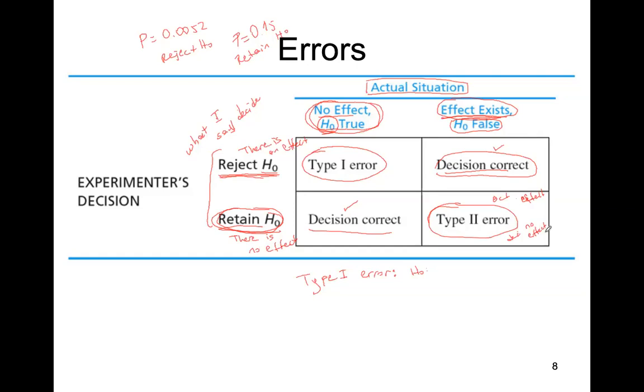Actually, this drug affects the treatment, gives a positive effect on the patients, but I say there is no effect. Okay, so that means the drug that we have developed is actually beneficial, but from my samples, I may say that it doesn't affect my outcome.